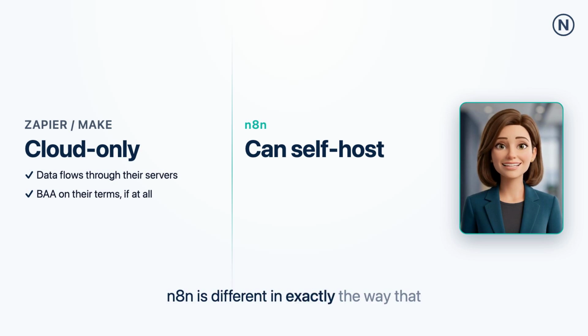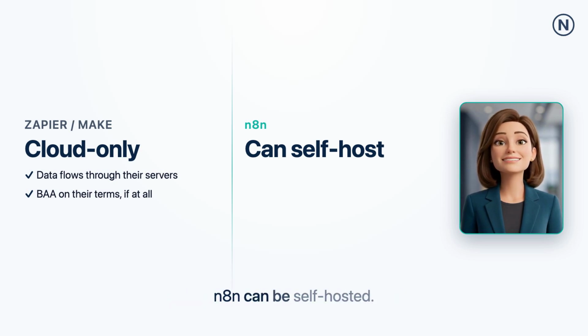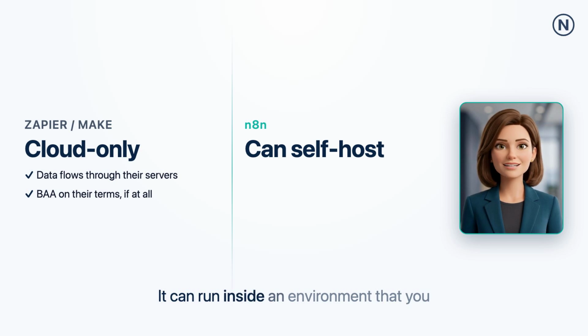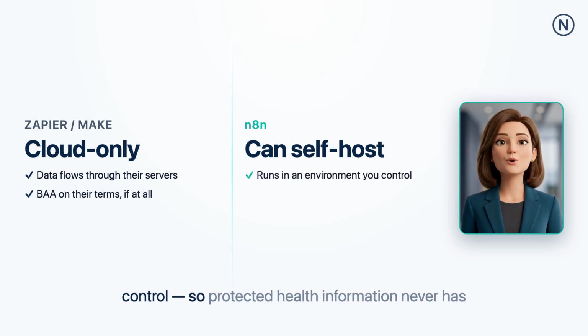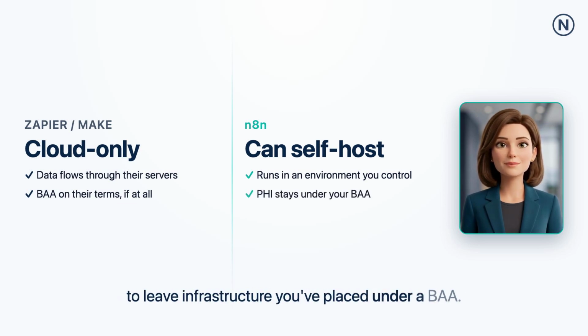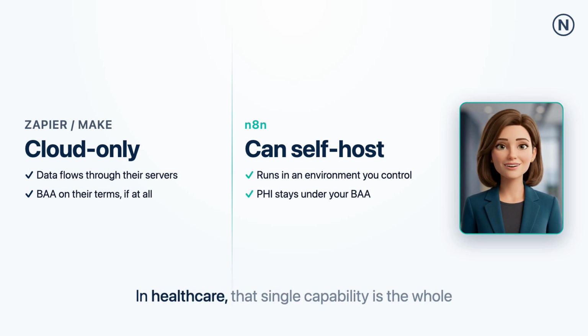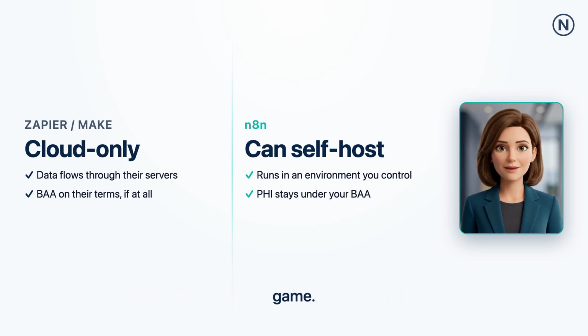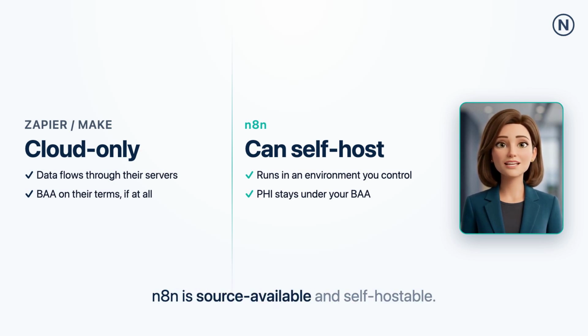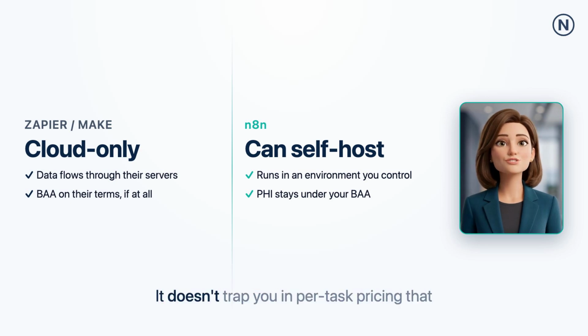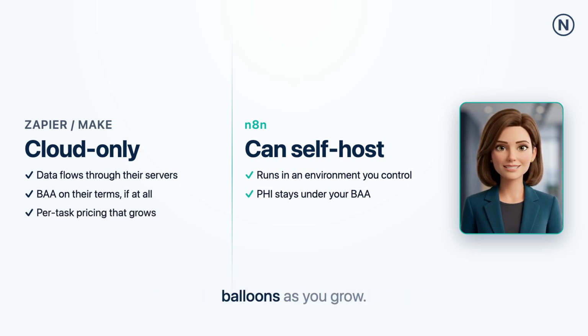n8n is different in exactly the way that matters. n8n can be self-hosted. It can run inside an environment that you control. So protected health information never has to leave infrastructure you've placed under a BAA. In healthcare, that single capability is the whole game. There are a few smaller reasons too. n8n is source available and self-hostable. It doesn't trap you in per-task pricing that balloons as you grow.